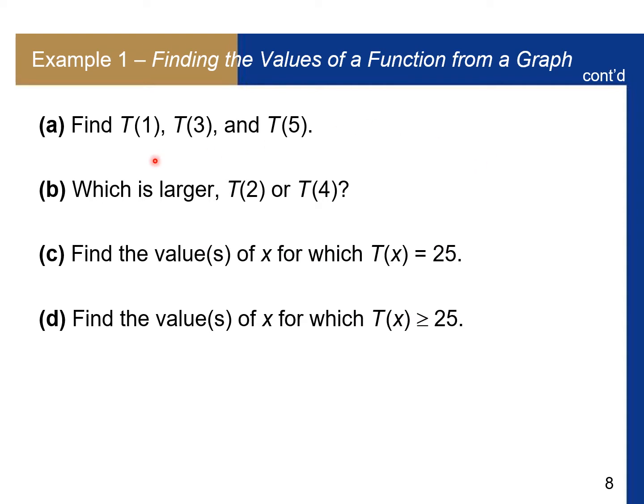So if I want to find where is the temperature at 1, where is the temperature at 3, where's the temperature at 5, which is larger, 2 or 4, find the values where the temperature is about 25 or greater than 25. We can use the graph for all of these things.